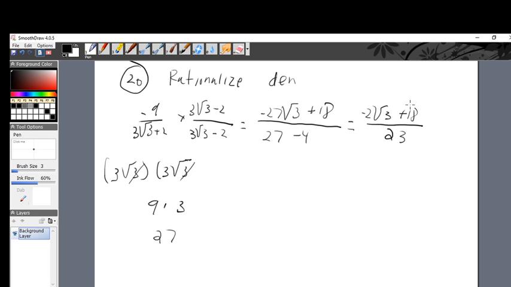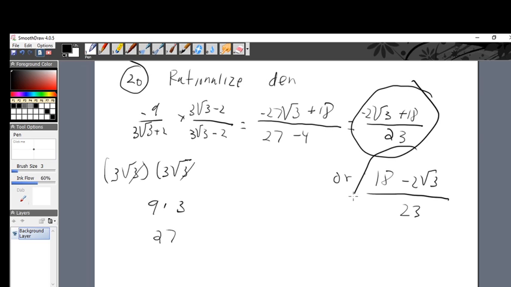Or it could be 18 minus 2 square root of 3 over 23, where we've separated it, giving 23 to the 18 and 23 to the minus 2 square root of 3. But I don't think Alex does that. Alex will leave it like this. Okay, so there is our final answer for problem number 20. We have finished the review finally.